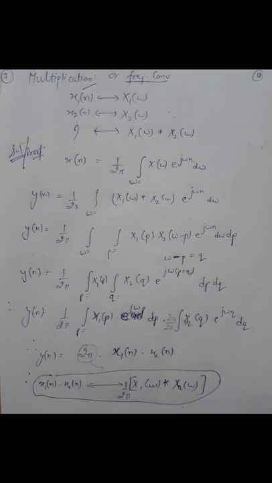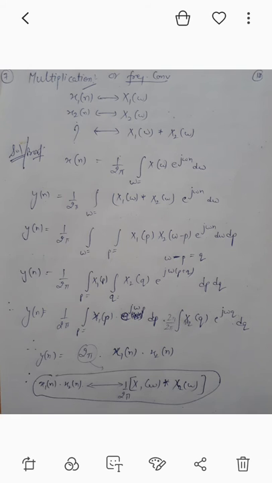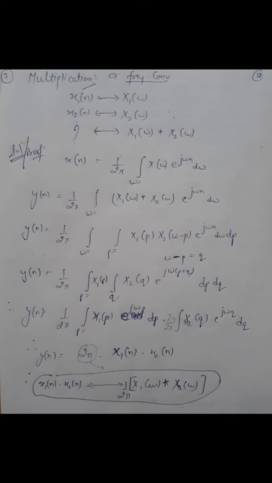Put in the values. Here we will get multiply and divide by 2 pi and 2 pi. Here we will get y of n equal to x1 of n into x2 of n into 2 pi, where 2 pi is the constant. We'll go to the next slide. So x1 of n into x2 of n, multiplication in time domain, will result in X1 of omega convolved with X2 of omega in the second domain, divided by 2 pi.